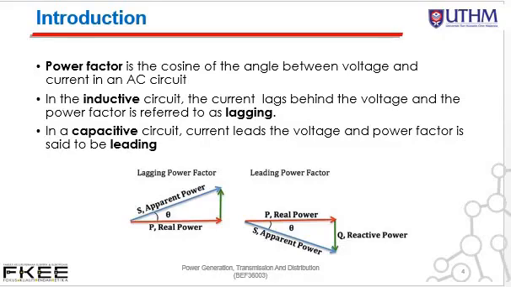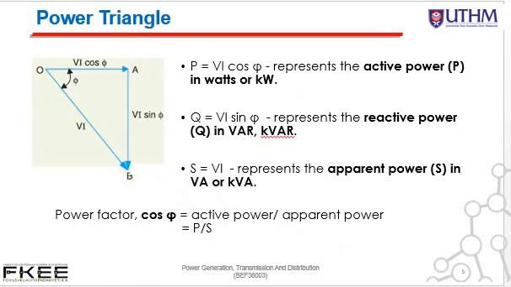Looking at the bottom of the page is the power triangle for lagging power factor and leading power factor respectively. In both triangles, theta represents the power factor angle. Looking at the power triangle, OA represents the active power or the real power in watts.